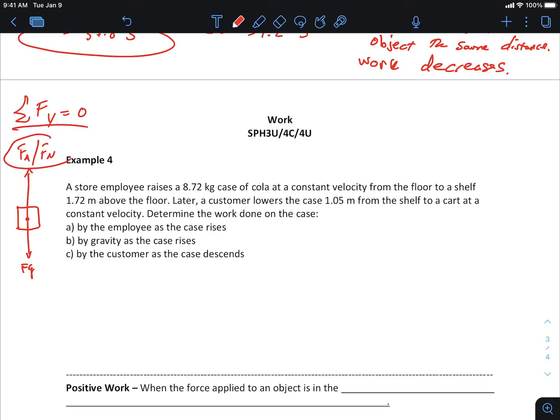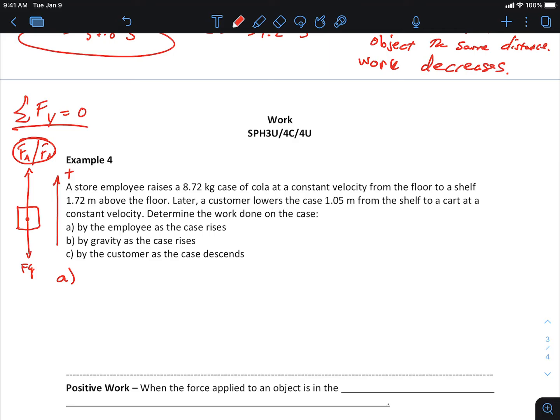So we know that this force is equal and opposite to the force of gravity, okay? But this question is wanting us to solve for the work done. Well, the displacement was in the positive direction, upwards to the shelf. So when I look at part A, we're trying to find the amount of work done by this force, because that's the force that the employee is applying to the box of cola.